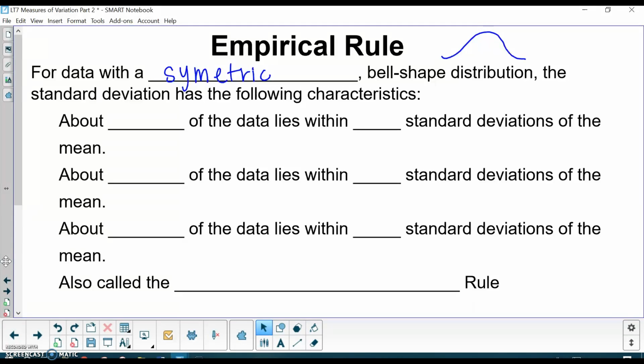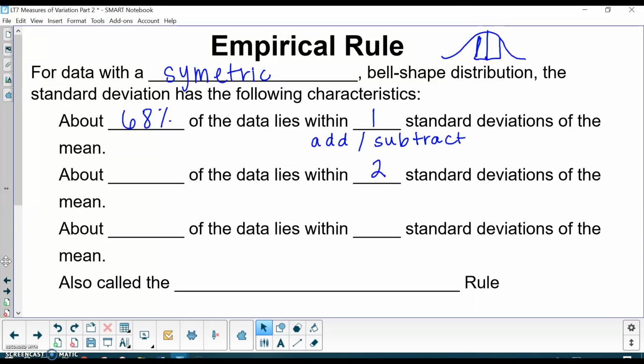And if we have a symmetric bell-shaped distribution, we can follow these characteristics. That 68% of our data fall within one standard deviation. So that's adding 1 and subtracting 1 from the mean. So from the mean, we would add 1 standard deviation and we would subtract 1 standard deviation.